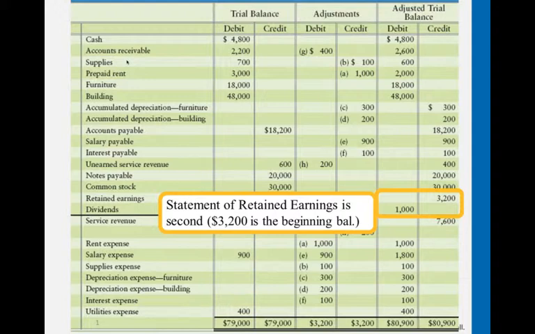So you will use whatever net income is represented here, add it to 3,200, minus 1,000, to get the final balance of retained earnings for this season. The 3,200 was the beginning retained earnings before all the activities happened. After all the activities, we add the new net income to the beginning retained earnings and subtract dividends to figure out the final balance for retained earnings for this season.